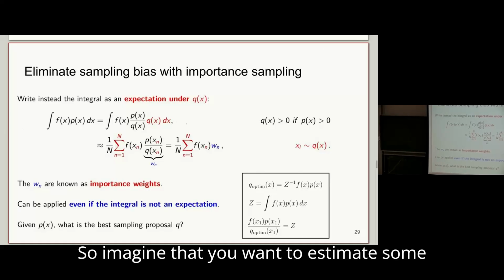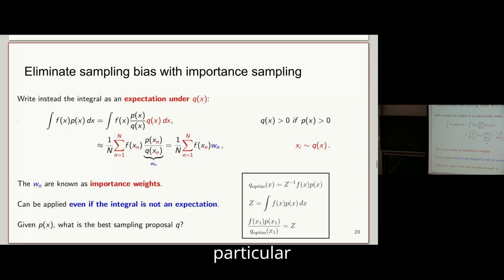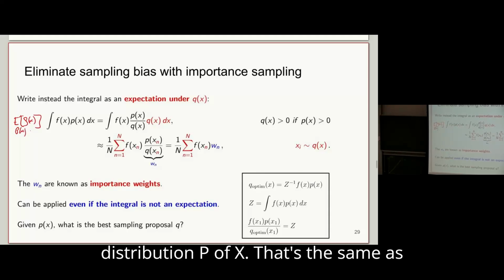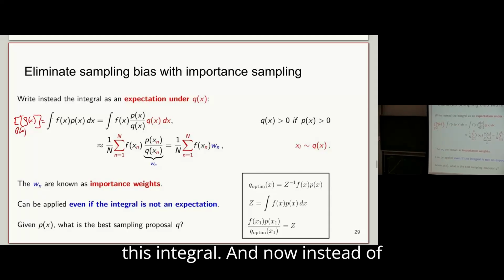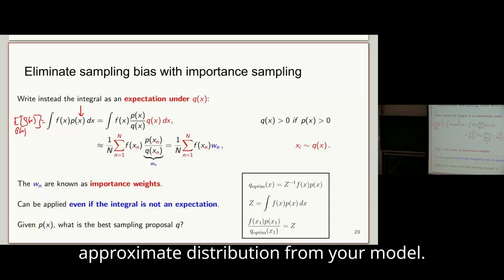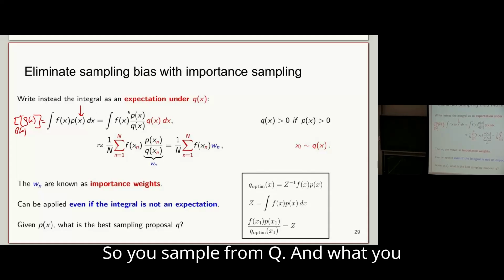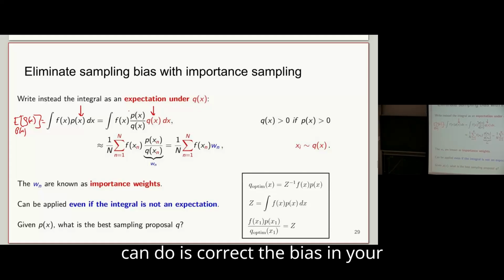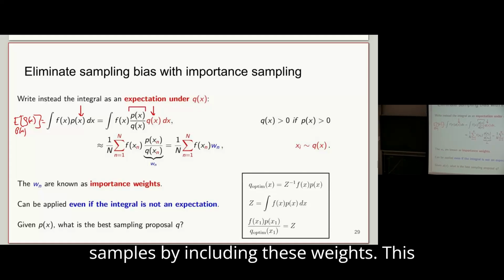Imagine that you want to estimate some particular expectation of a function with respect to your probability distribution P of x. That's the same as this integral. And now instead of sampling from the true distribution, you are sampling from an approximate distribution from your model. So you sample from Q, and what you can do is correct the bias in your samples by including these weights.